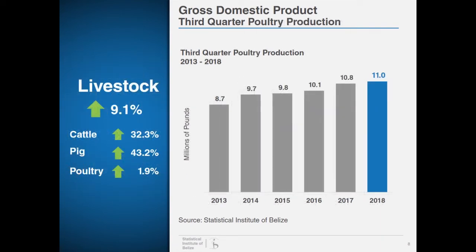As mentioned before, livestock recorded an increase of 9.1%, and that can be seen in the production of cattle, pig, and poultry, all going up by 32.3%, 43.2%, and 1.9% respectively. Poultry production increased by roughly 200,000 pounds, and that was all due to market demand. And we can see here in the graph, moving from 10.8 million to roughly 11 million.